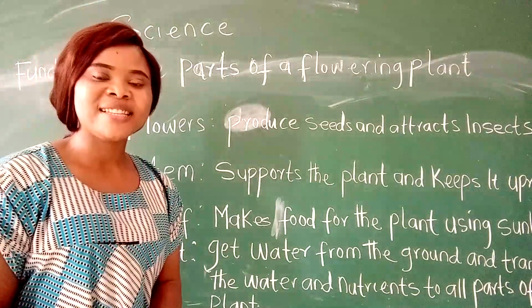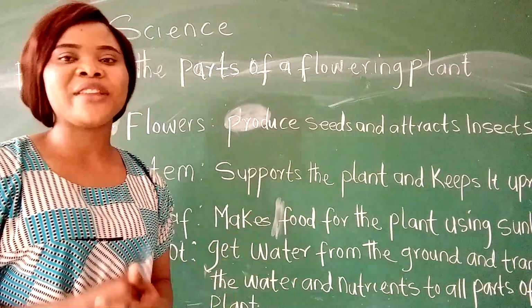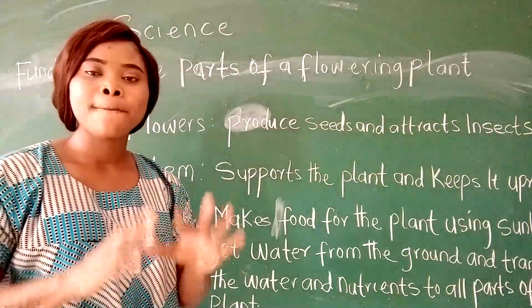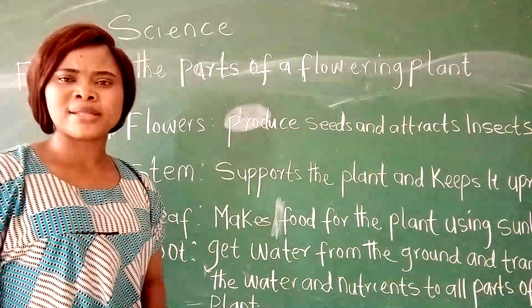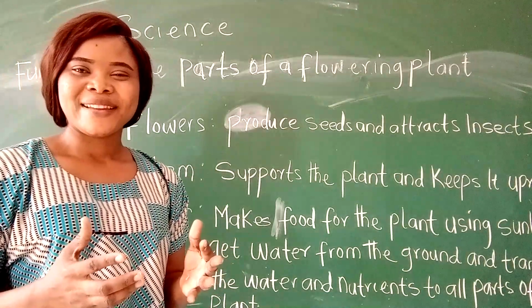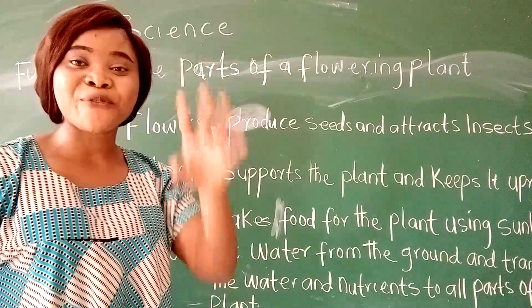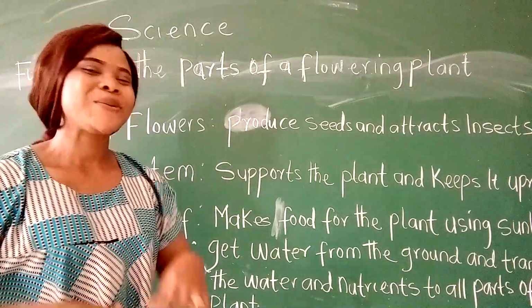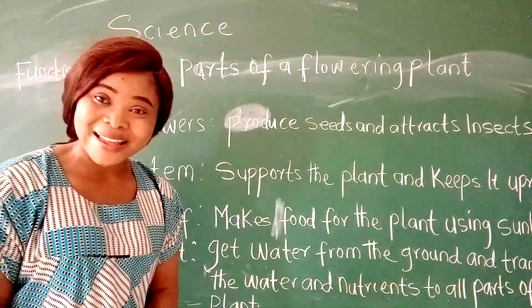So this morning, I will also revise another important topic that we've treated, which is the parts of a flowering plant. We said that a flowering plant has parts. We said there are 4 main parts of a flowering plant.